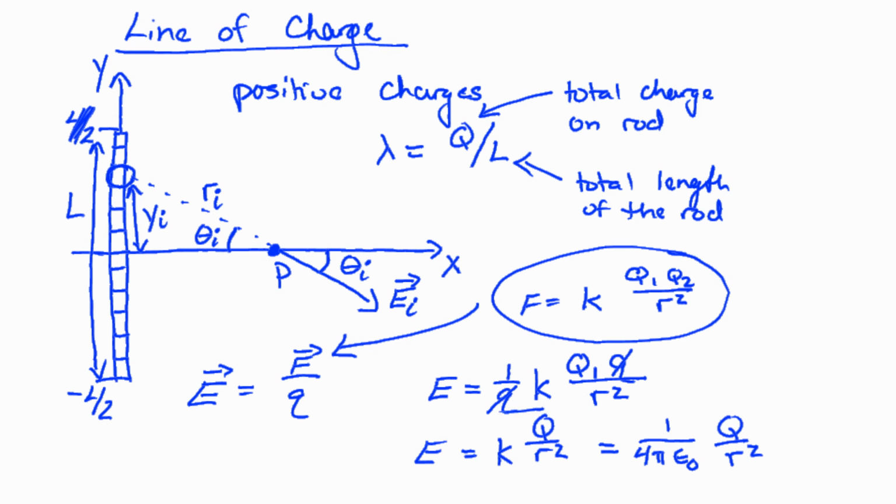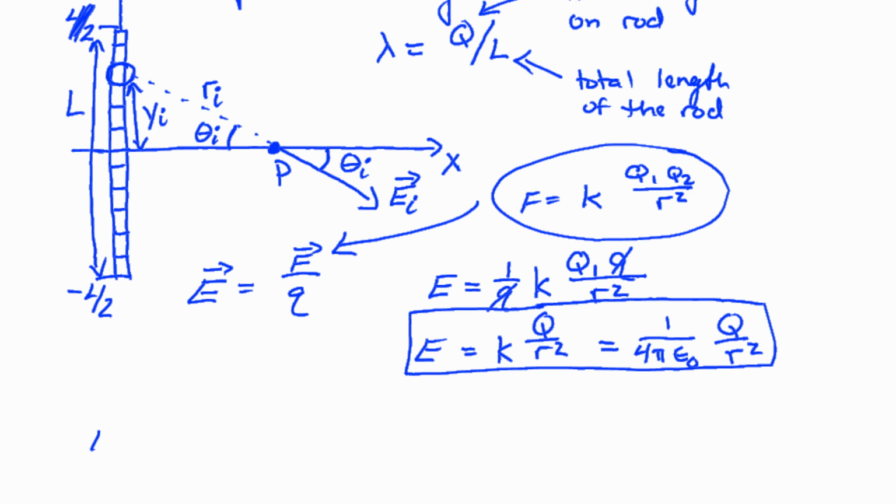But we have a bunch of little pieces, and we're going to need to figure out what the electric field is in strength and direction for each of those little pieces. So if we focus on the magnitude of the electric field due to the ith piece, so that E sub i that I'm talking about there, I'm going to end up using the permittivity of free space constant instead of k at this point.